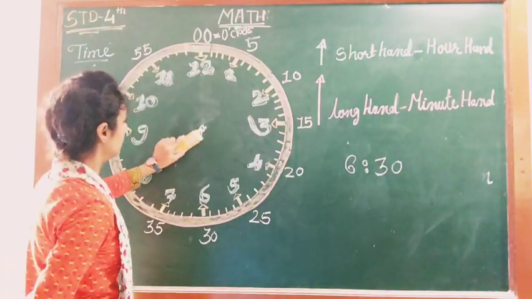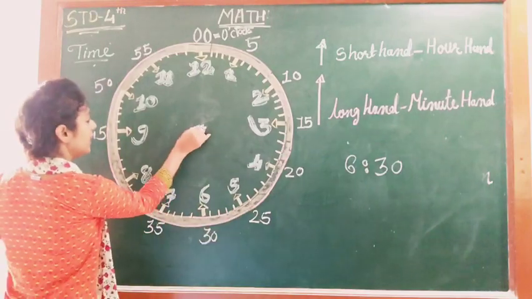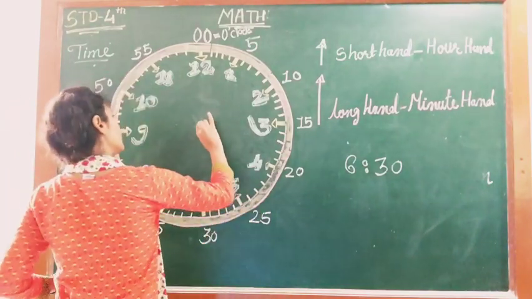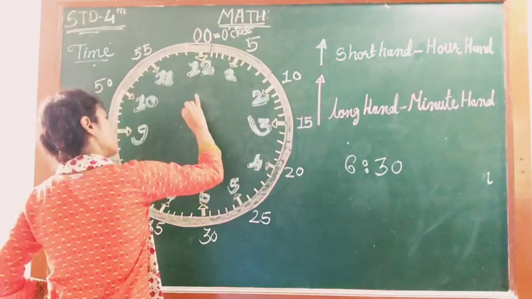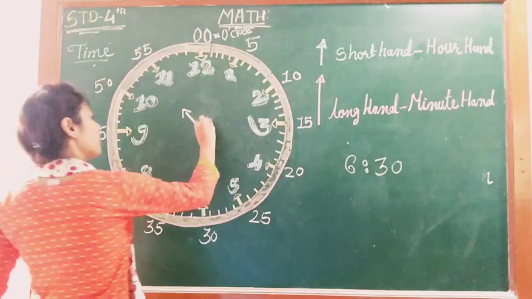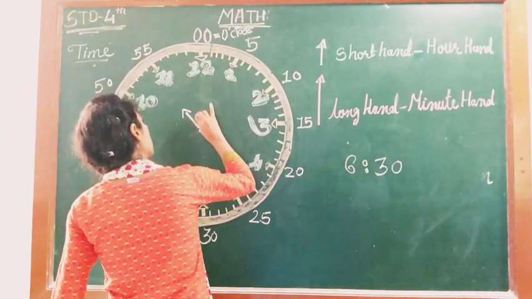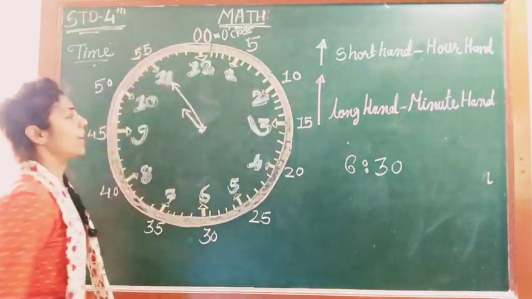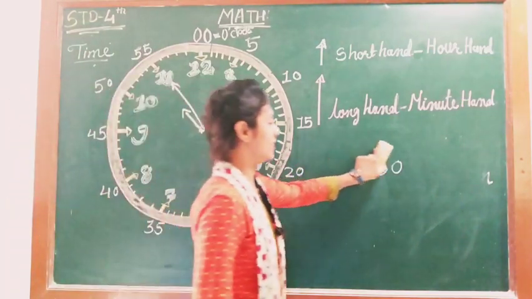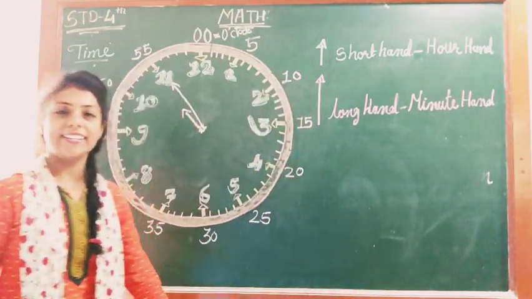Again, this is the hour hand between 10 and 11. Then how to read this one? Same method. First we will write the hour hand.